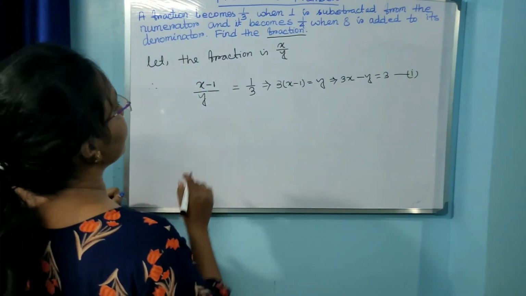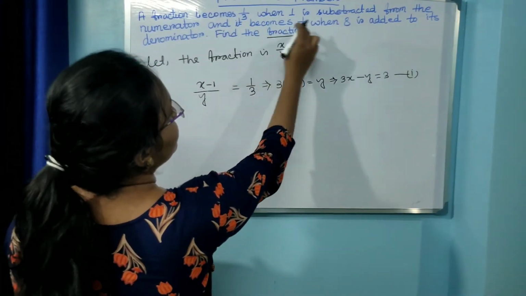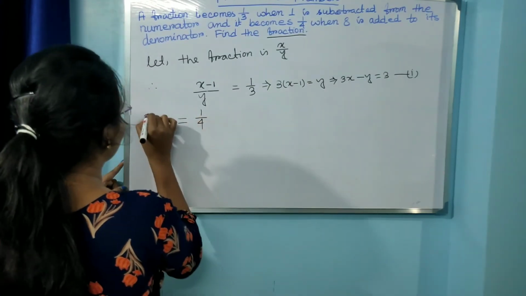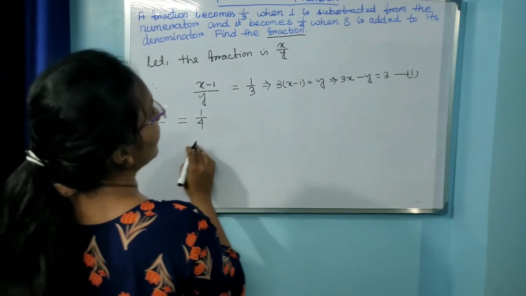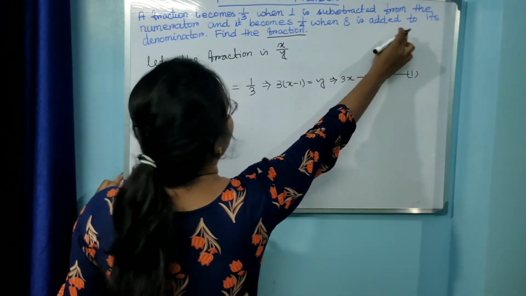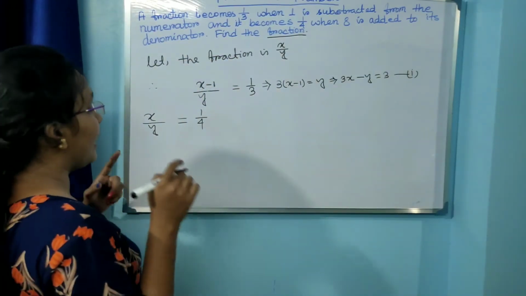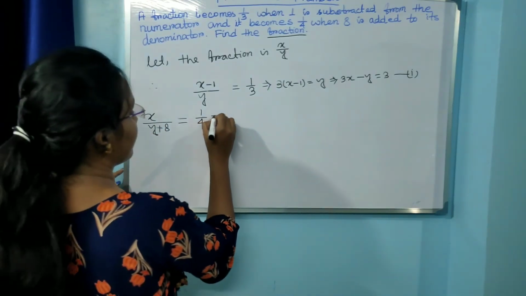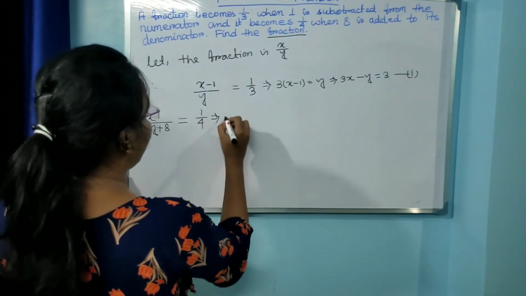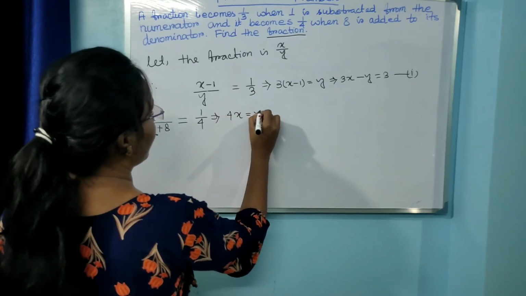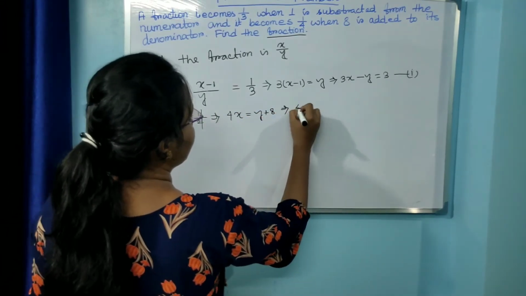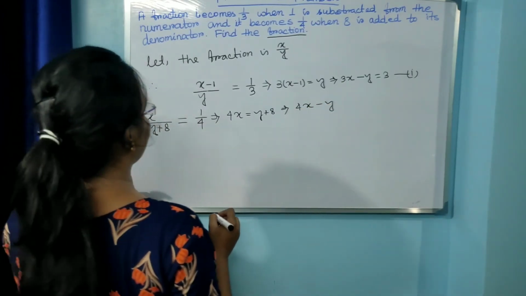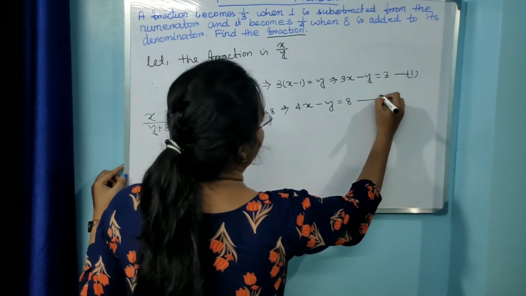Okay, now the next equation is, it becomes 1 upon 4 when 8 is added to its denominator. Now similarly multiply corner to corner, it gives us 4x equals y plus 8, which gives us 4x minus y equals 8, which is equation 2.